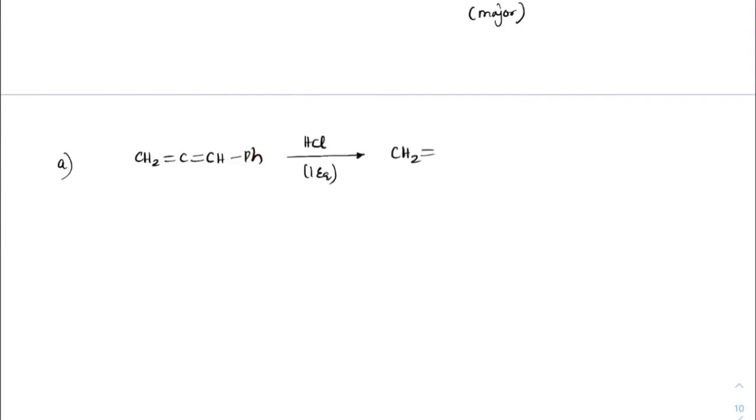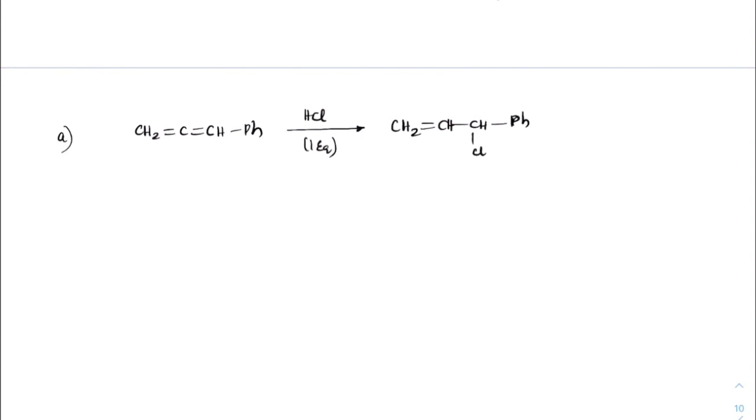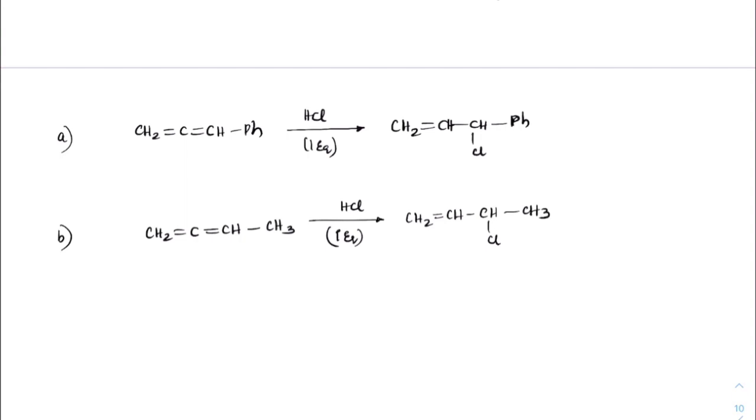So we'll get CH2 double bond C, CH, Cl will form here, this is CH, and Ph. This will be the major product. Same way, if we have CH2 double bond C double bond CH, and CH3 is there, HCl, one equivalent. Due to hyperconjugation, again, the other side will be more stable. CH3. These are the product formations.